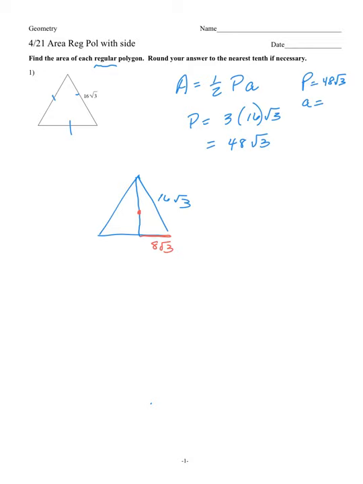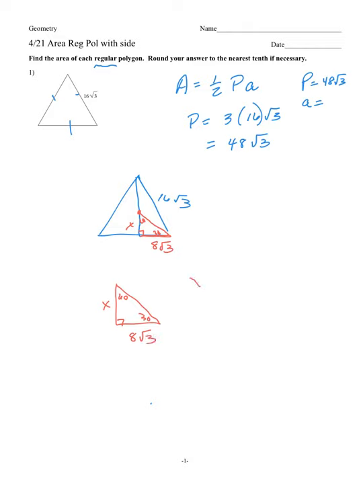So when I draw this line here, it's going to cut that 60-degree angle in half. So that's going to be a 30, 60, 90. And I need to find this piece right here. So if we have a 30, 60, 90 triangle, and here we have x, and here we have 8 root 3.